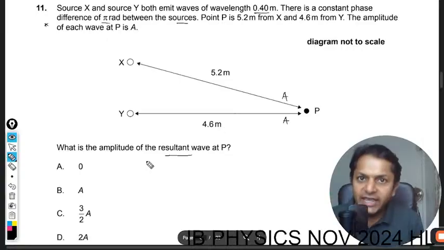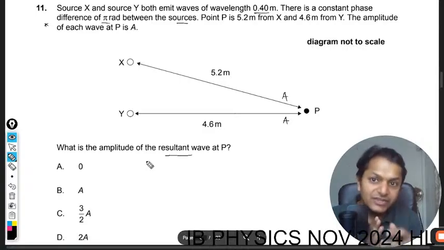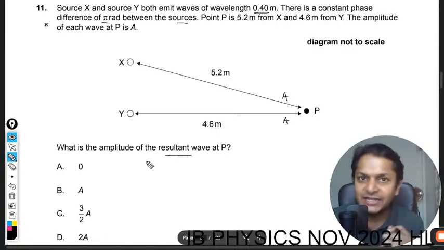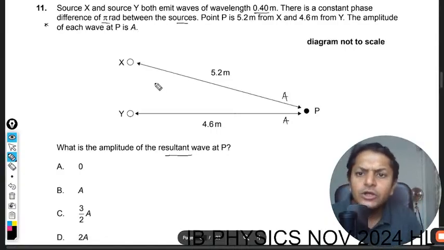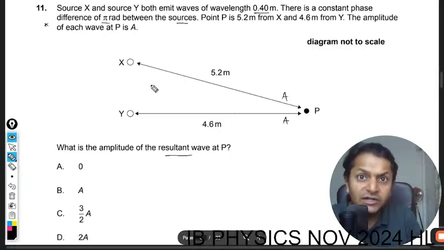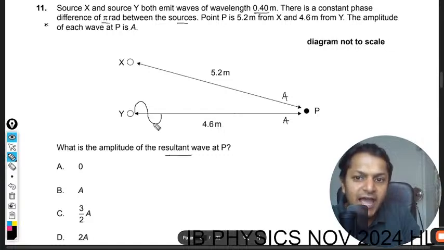Till now, in the case of interference, we always took the phase difference to be 0 when the waves initially started at the point X and at the point Y. Now, what do you mean by that? It means that when the wave starts at Y, let's say it starts with the crest and then the trough.